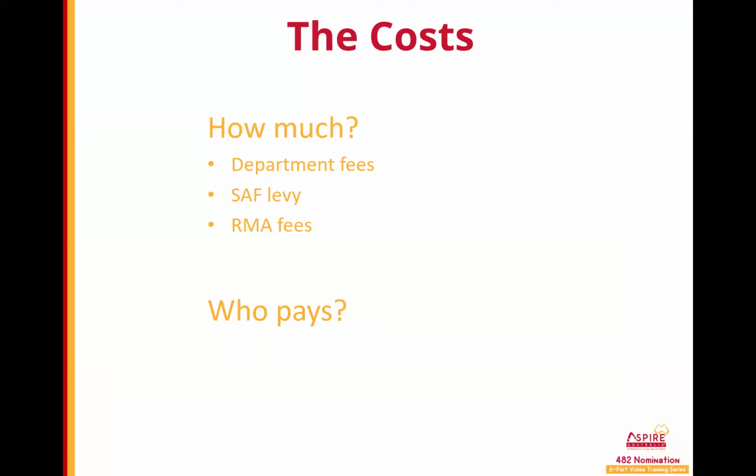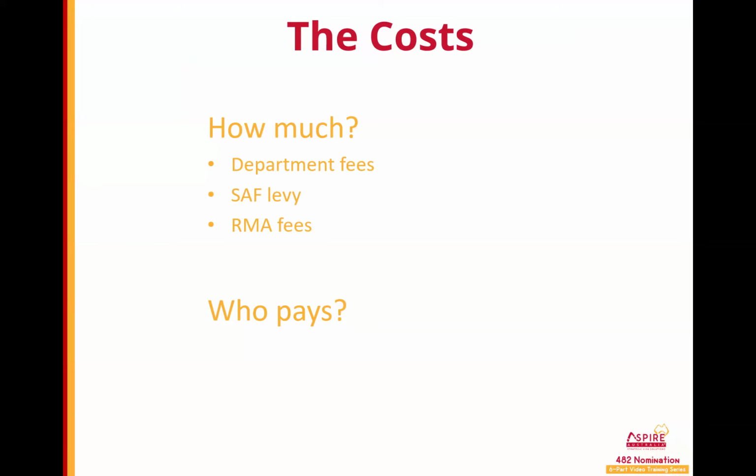When ready to submit the applications, you will need to be across the department fees and levies. There are 3 types of fees that are payable. The department fee for lodgement of an application, the SAF levy, which is a Skilling Australia Fund levy on all nominations and is based on the number of years that the nominee will be sponsored for and the turnover of the business.